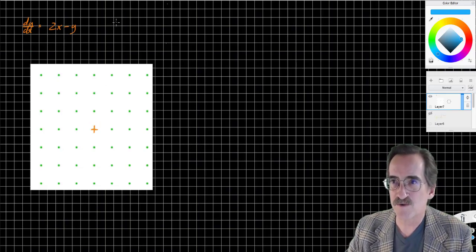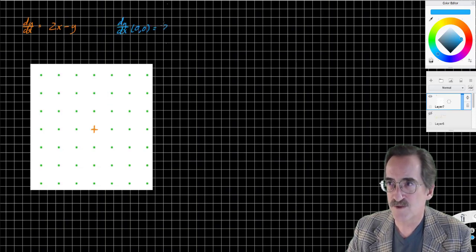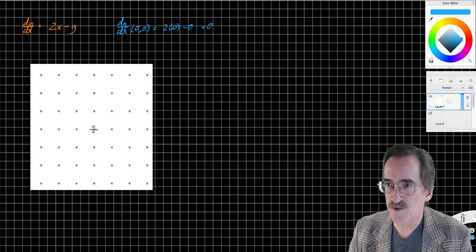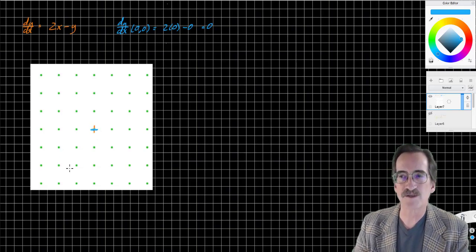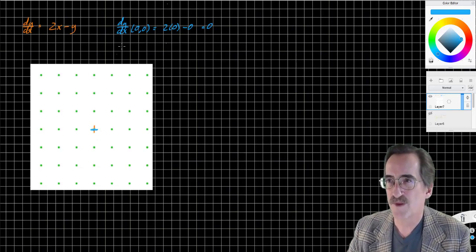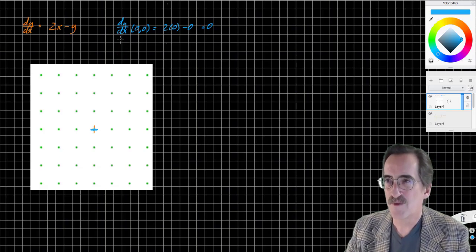We have the point (0, 0). dy/dx at (0, 0) is 2 times 0 minus 0, which is 0. So this has a slope of 0. What we do is put a dot here and a little line indicating a slope of 0, a horizontal line.